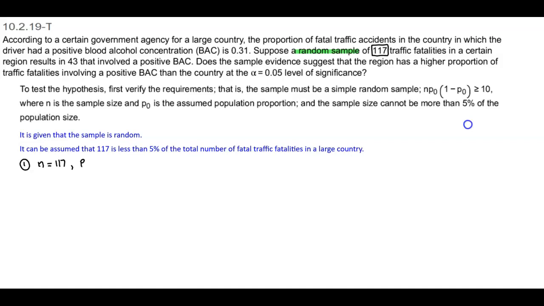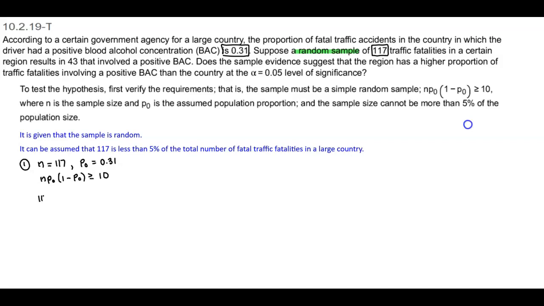The population proportion is 0.31. Okay, so now we're going to plug that into the formula: n times the population proportion times 1 minus the population proportion, and we want to see if it's greater than or equal to 10.